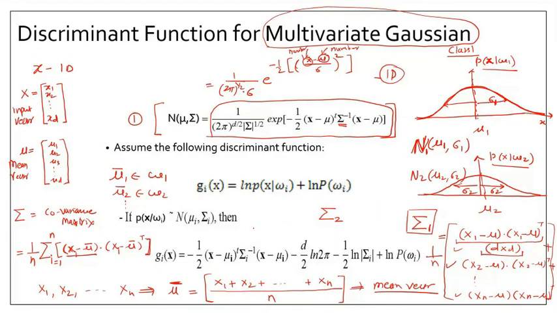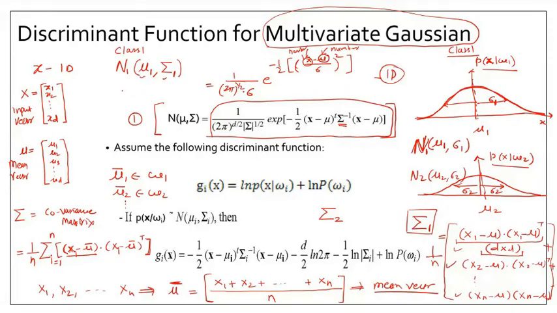So each class, when I use the normal distribution, will be defined by two things. For class 1, I just need to specify the vector mu1, the mean of that distribution, and the covariance matrix sigma 1. Then I can throw away my data samples. Once these two things are known to me, I don't require those samples.